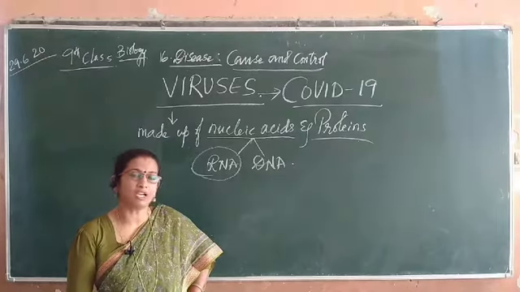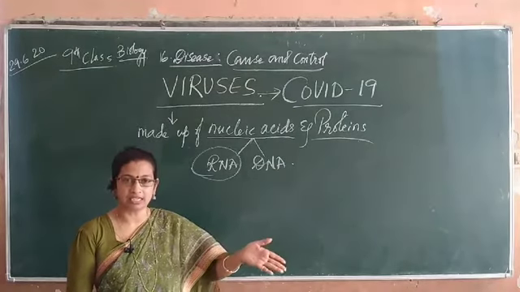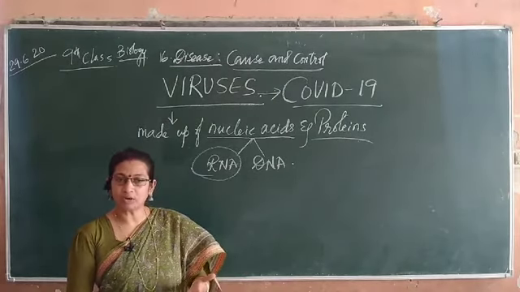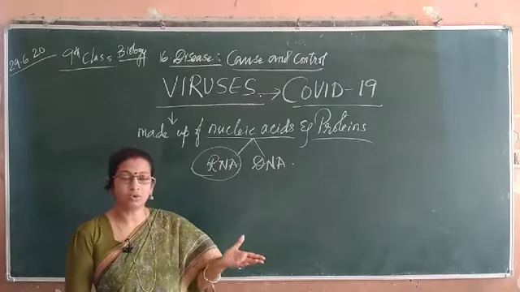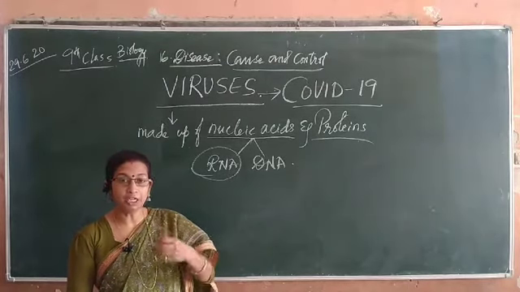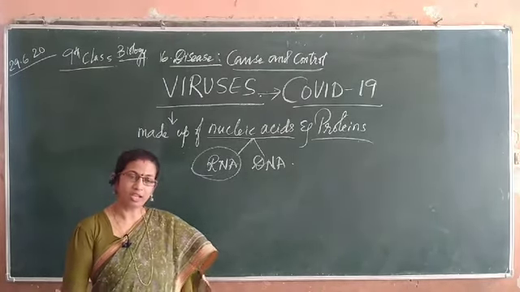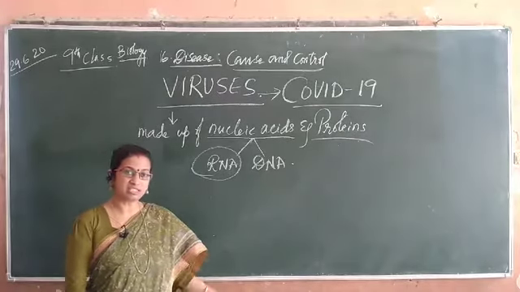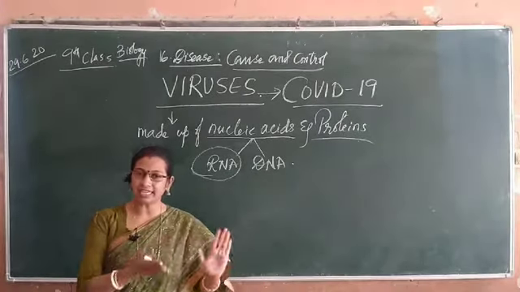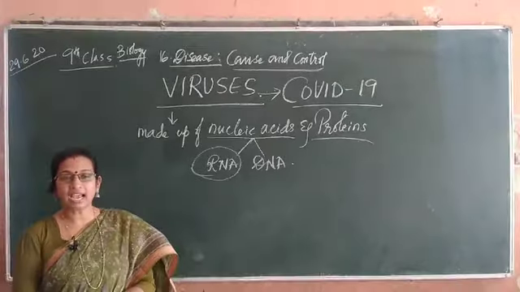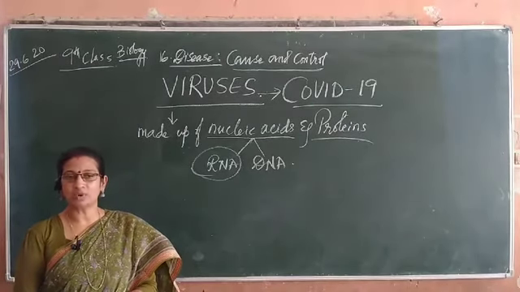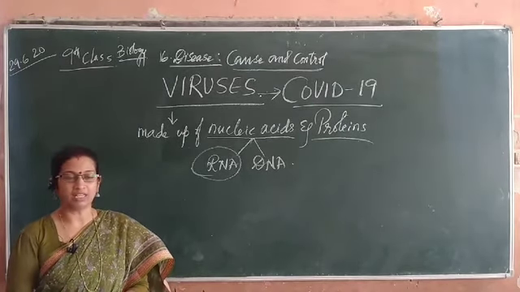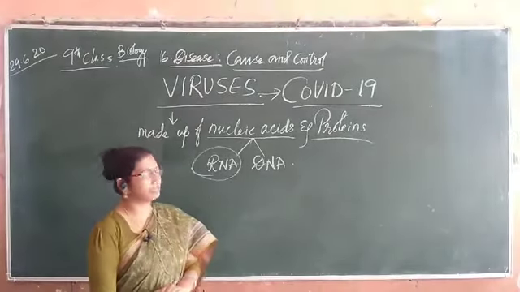You don't have any data of this virus beforehand. You didn't study about this virus previously. Anything you are studying new. So that's why this term is given as COVID-19. Why? Because we have come across this virus in 2019. That's why it is 19.